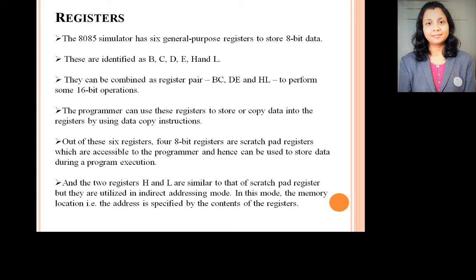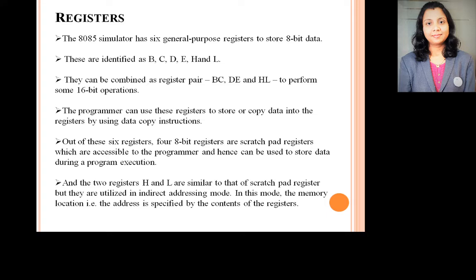The programmer can use these registers to store or copy the data into the registers by using the data copy instructions. Out of these 6 registers, 4 8-bit registers are scratchpad registers which are accessible to the programmer and hence can be used to store the data during a program execution.